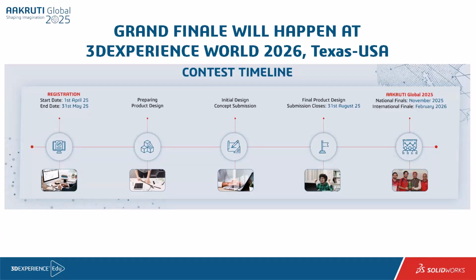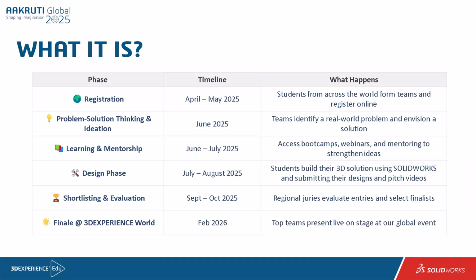Then after this final product design, there will be Akruti Global 2025 National Finals, and afterwards there will be the international finale. So that is the timeline of this event.